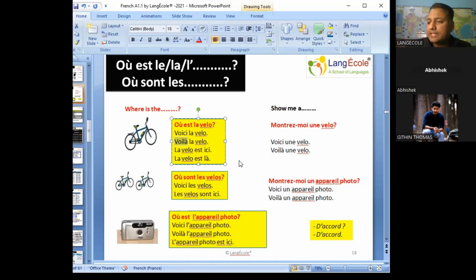These two expressions are used to present something. When you are presenting something, here it is, there it is, or you might be in a restaurant, and the garçon can use this, bringing something and then presenting it. Voilà, it is. So you will find this kind of expression used in French. This voilà, we use it in English as well, like when we found it. It has come from French only.